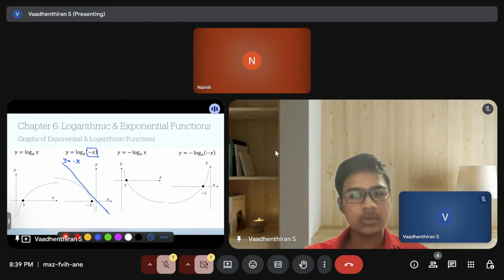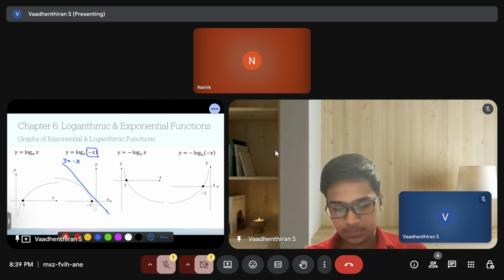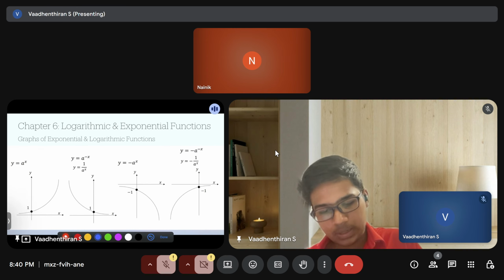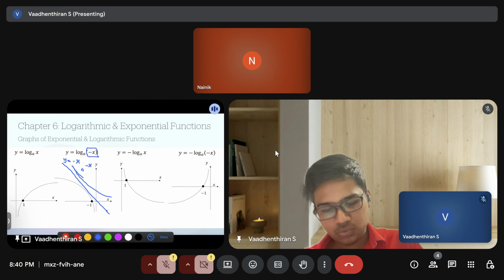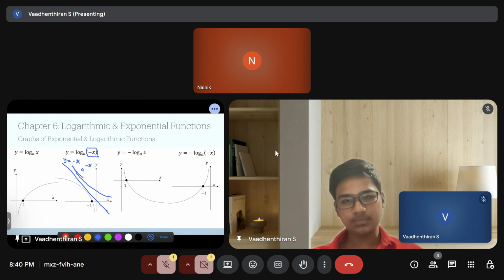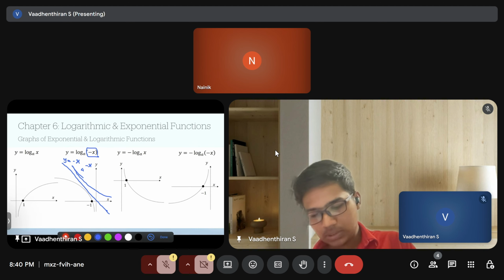Whenever it's negative, you take y equals negative x and then reflect it over. So this will be the graph of a to the negative x, as we saw before. When you need to draw log a negative x, you reflect it over y equals negative x. Same here.